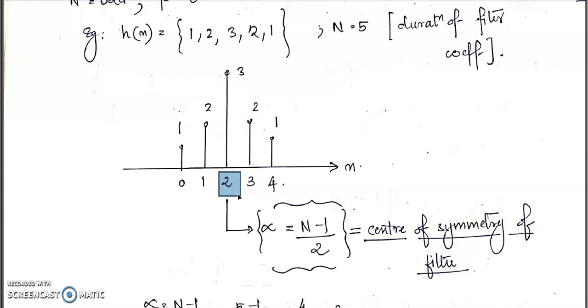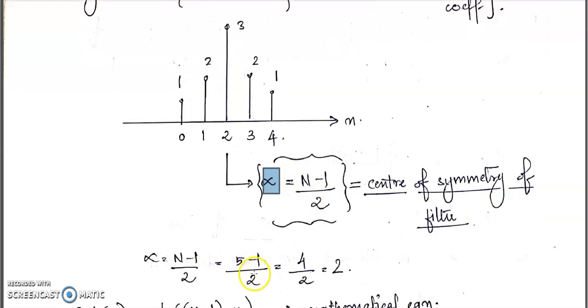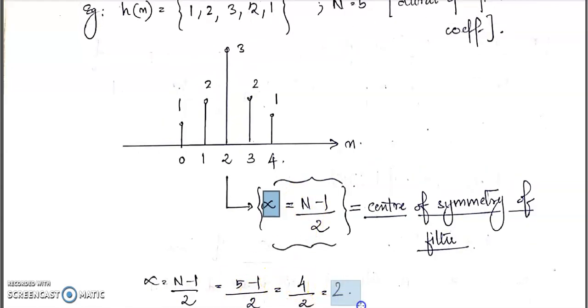In general, the center of symmetry is denoted as alpha, which is equal to N minus 1 by 2. You can check that. N is 5, so 5 minus 1 divided by 2, you will get alpha equal to 2.